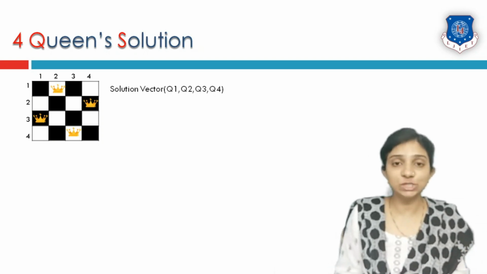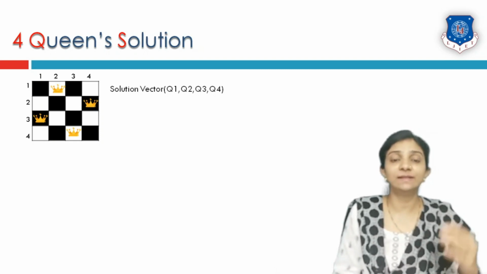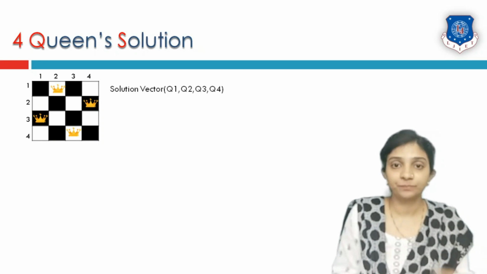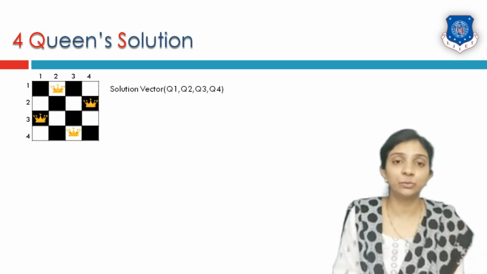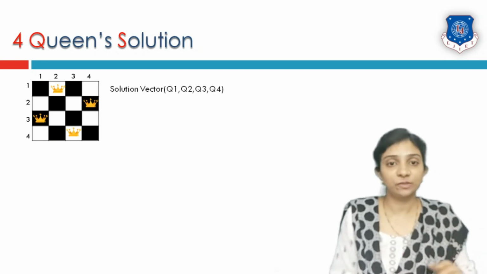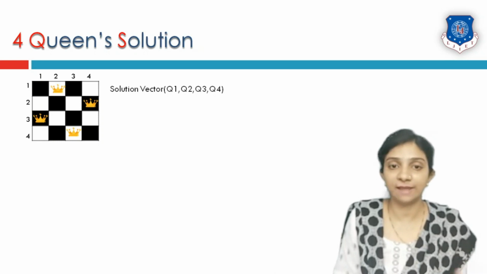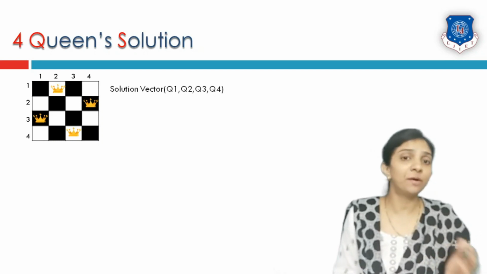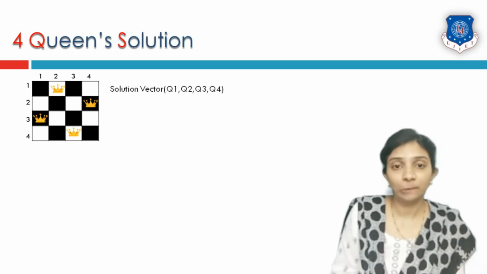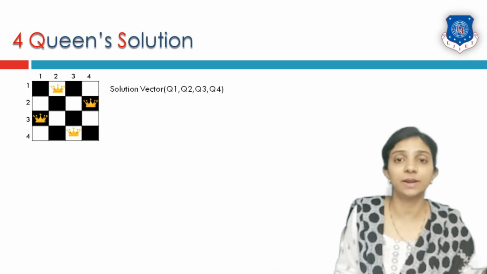And for each queen, it is clear that they are going to get placed in the respective row. That is, queen number 1 will go inside row 1, queen number 2 will go to row number 2. Similarly, queen 3 and queen 4 will sit in row 3 and 4 respectively. So in this solution, we are not going to write row number because row number is equivalent to queen number itself.